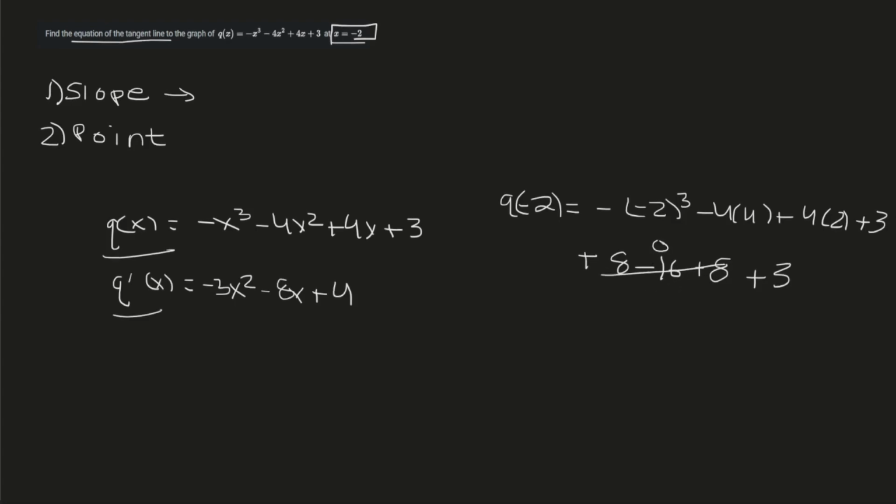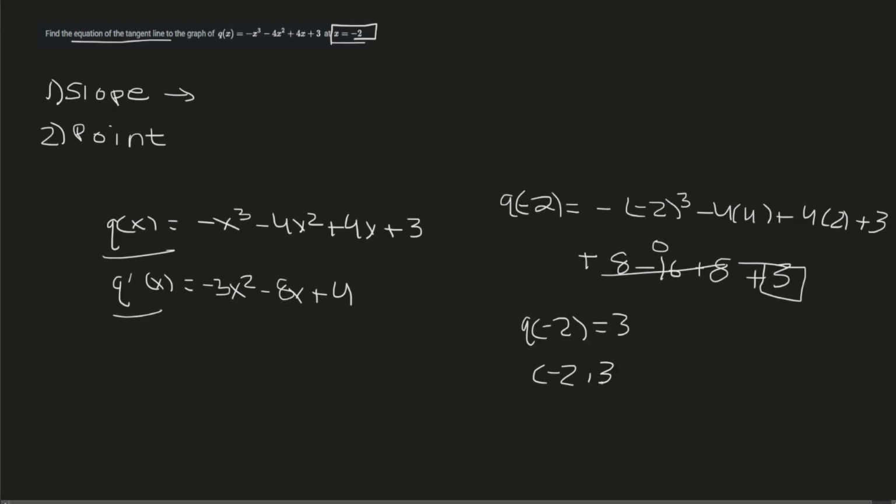All of this cancels out to 0, and we get 3. So we know that the point negative 2, comma 3 exists on the graph q of x. So we have our first thing, we have a point.